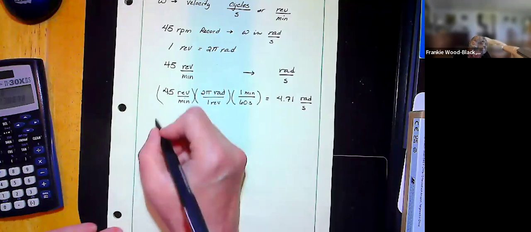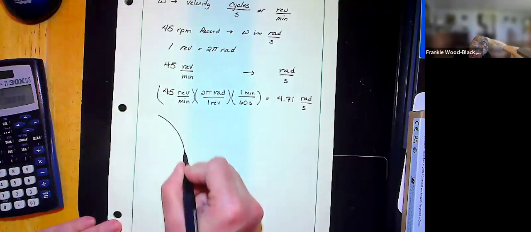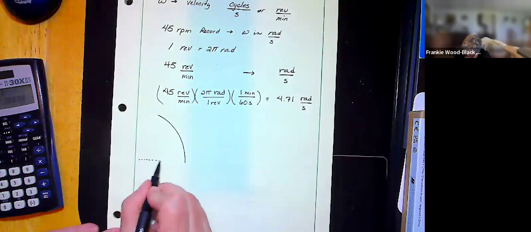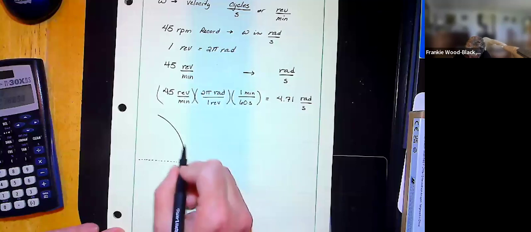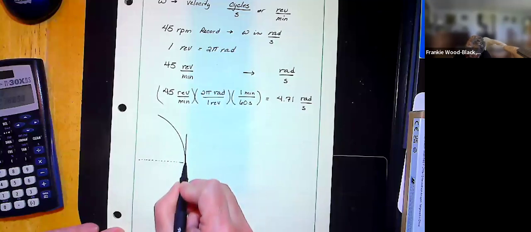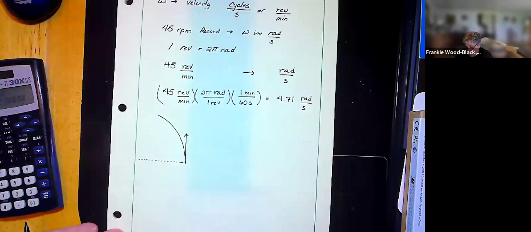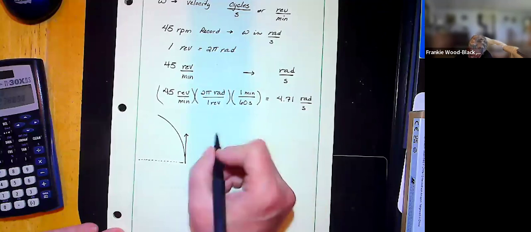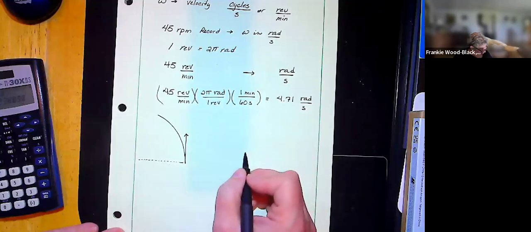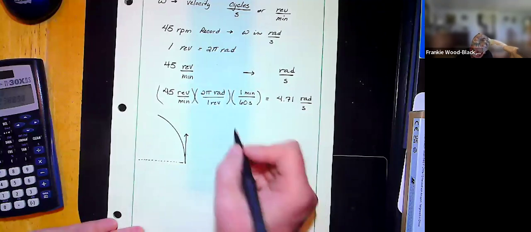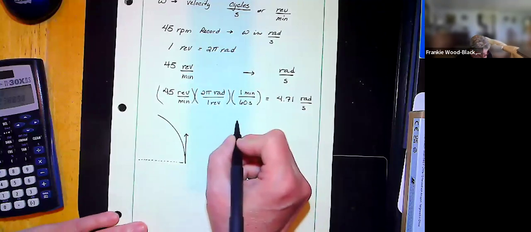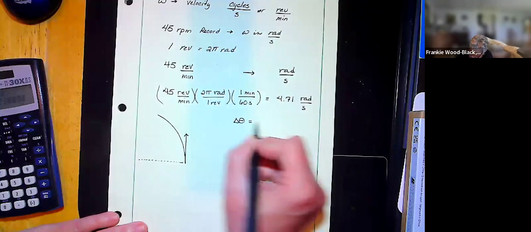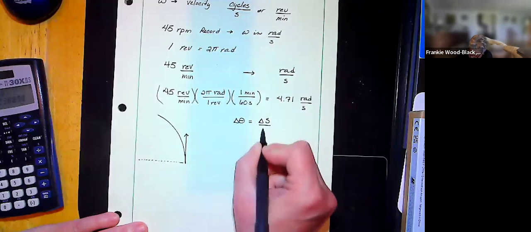Okay, now hopefully you all watched that one video. So if I have a curve here and we start out with a constant linear velocity, we can go back and forth between our linear and our other ones, because we saw that our change in angle is equal to our linear distance divided by r.